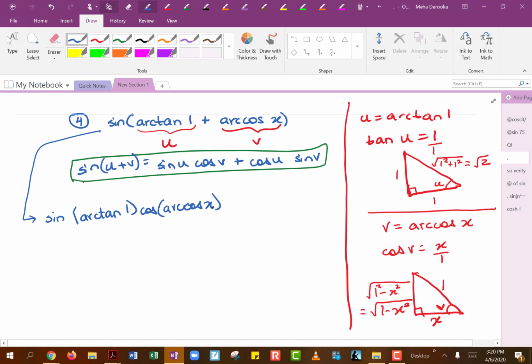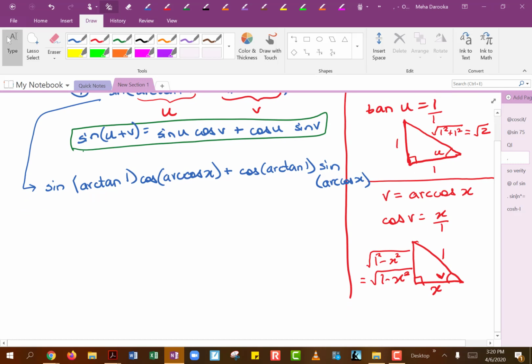Okay, and then for the second part, you're going to have a plus sign in the middle, and that will be cosine of arctangent of 1 multiplied by sine of arc cosine of x. Okay, so what will that come out to be?